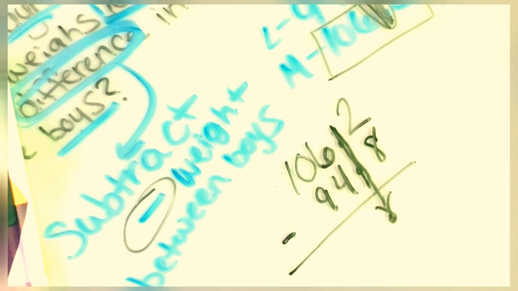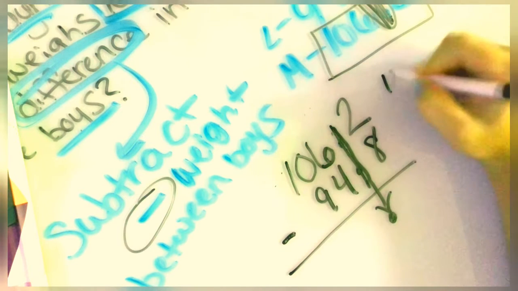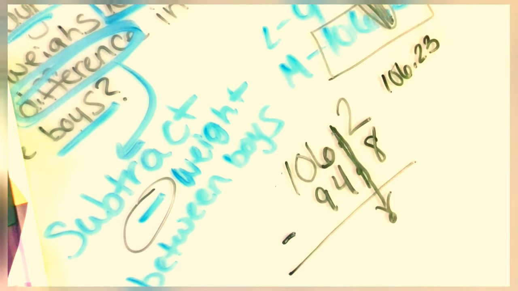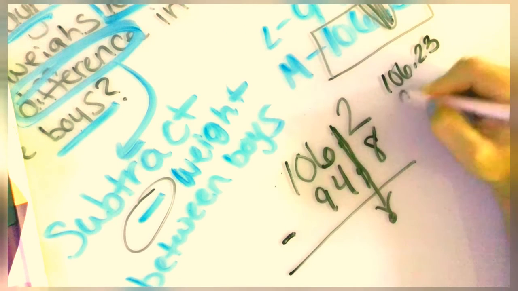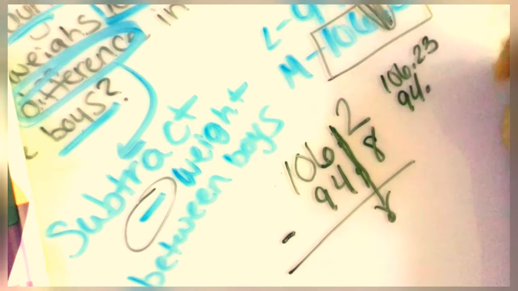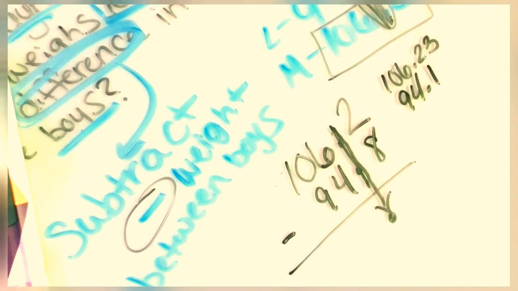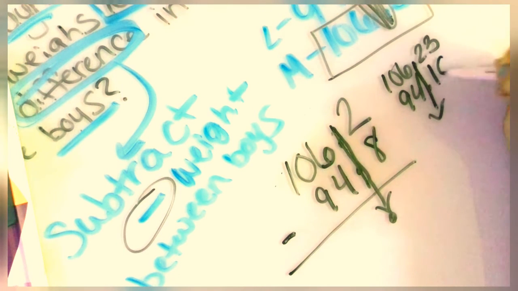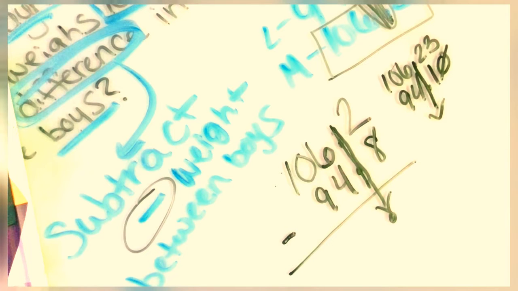Okay? If I had 106.23 and I had 94.1, I still line up my decimals. If I need to hold place value, you know you always put the 0 there.